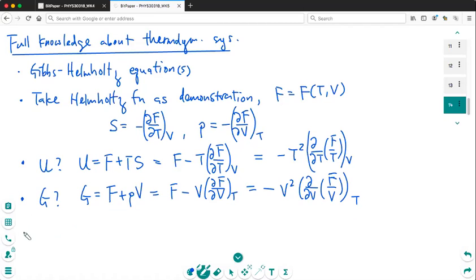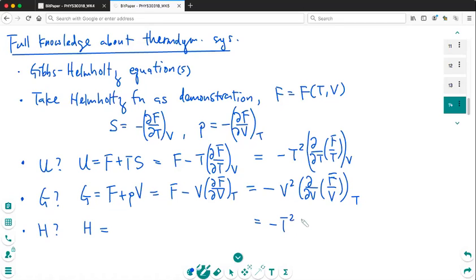And finally, if you know U, you know F, you know G, it's not surprising that you know the enthalpy. I will just give you the result. H is again in a form that looks like this, and you can fill in the gap yourself.